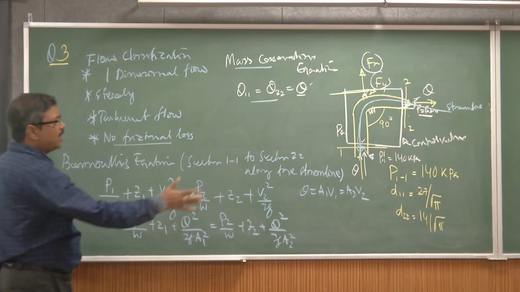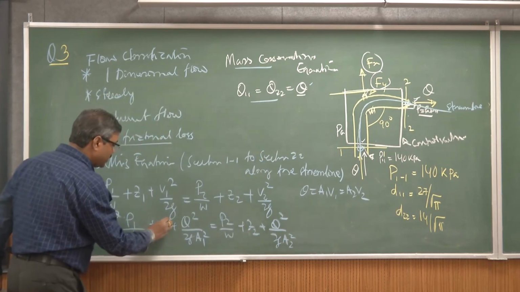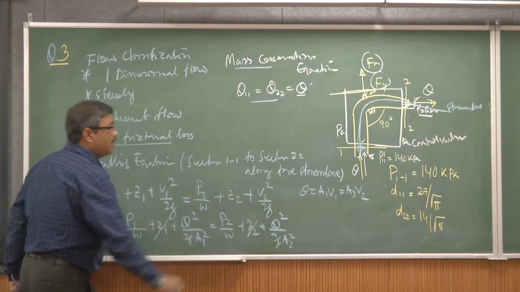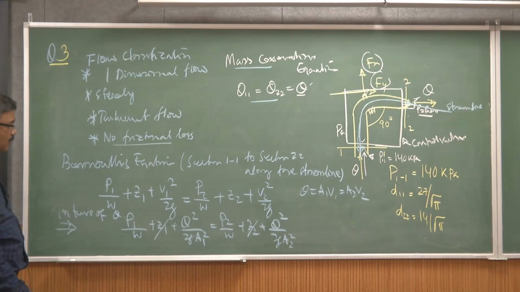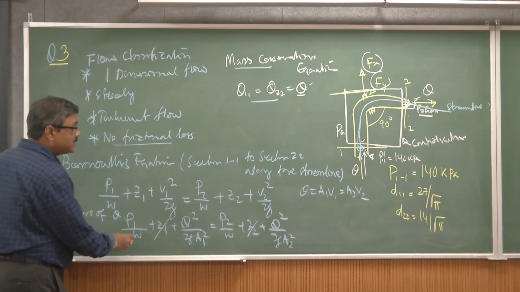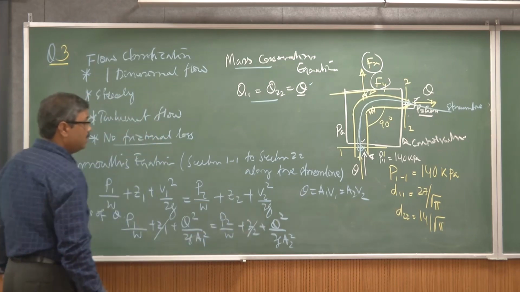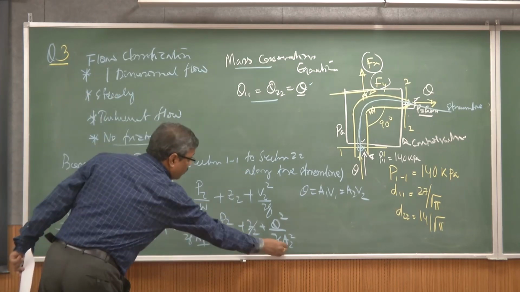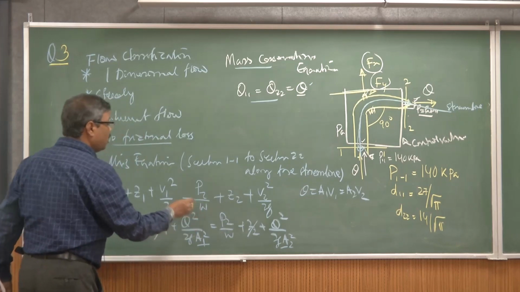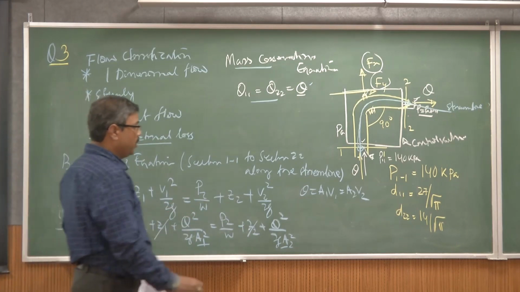Since it's on a horizontal surface, you can consider Z1 and Z2 equal, so we cancel them. We know the pressure values, and we know the A1 and A2 values. We have to compute the Q value.